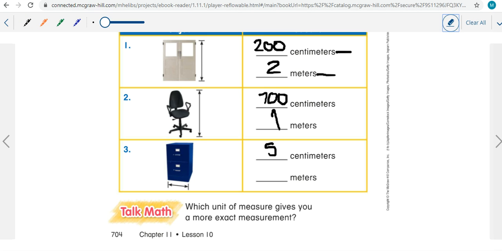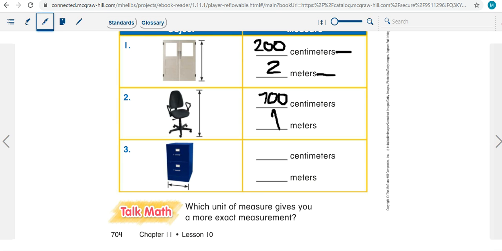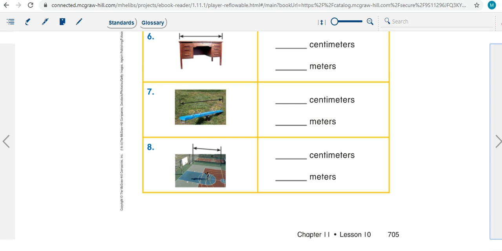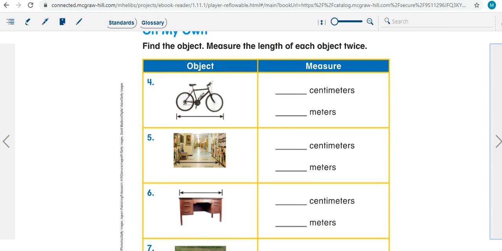Okay, so let's erase this. Let's say that this cabinet, it's about 90 centimeters, so that is almost 1 meter. Okay, next page. We're going to do the same thing in here.